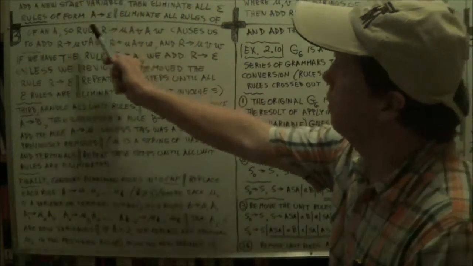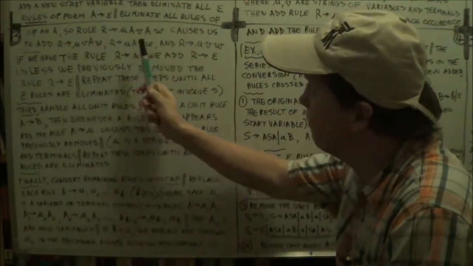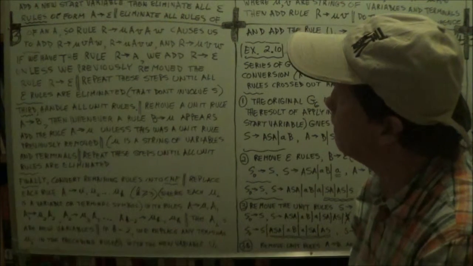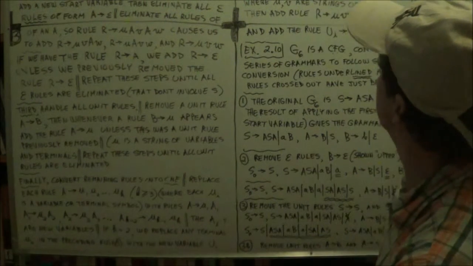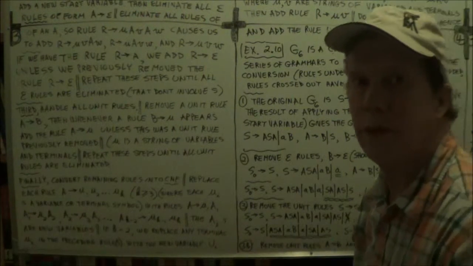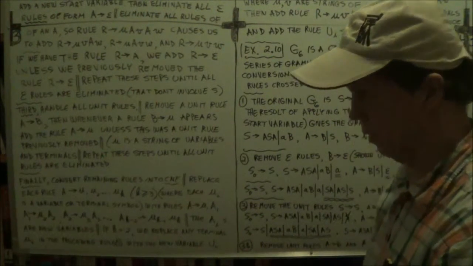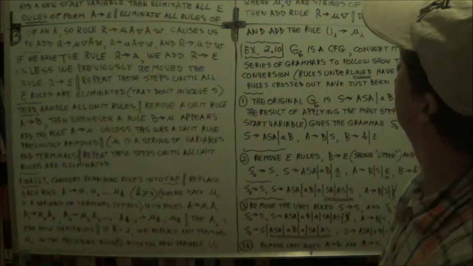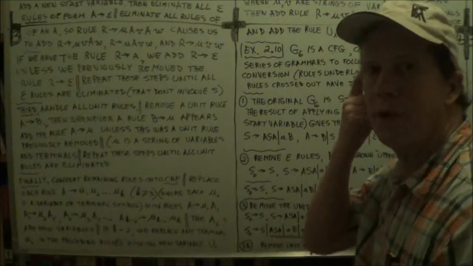Okay, so we talked about this case just earlier. We're talking about the elimination of the epsilon rules, where you have a rule of the form A arrow epsilon.